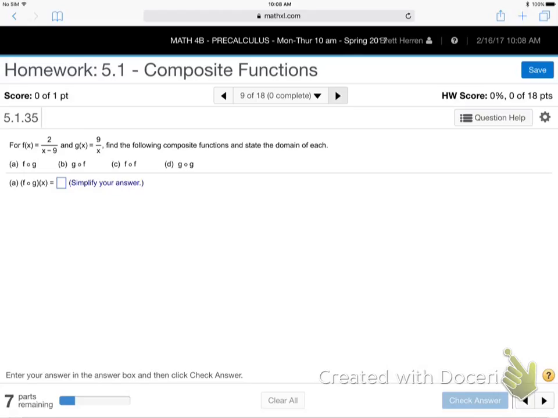Okay, let's try that one. So do part A there, f of g. f of g of x. So that's g into f.